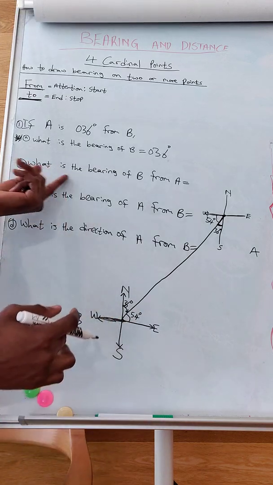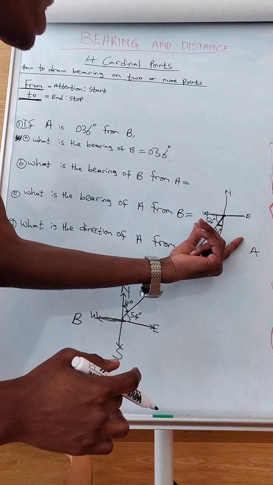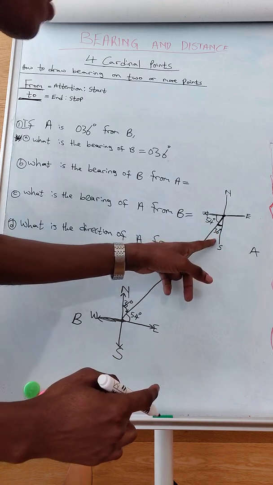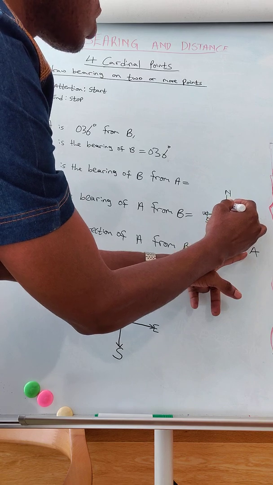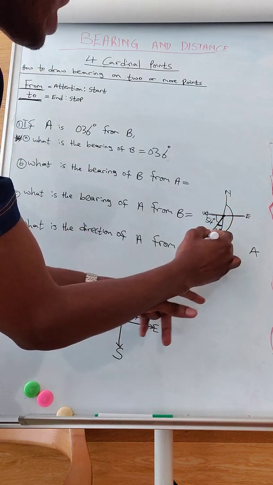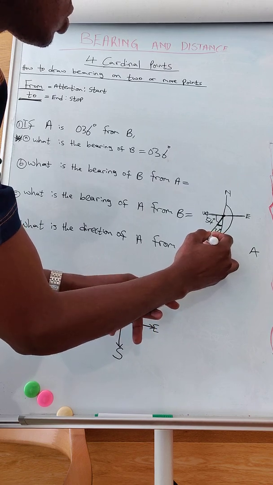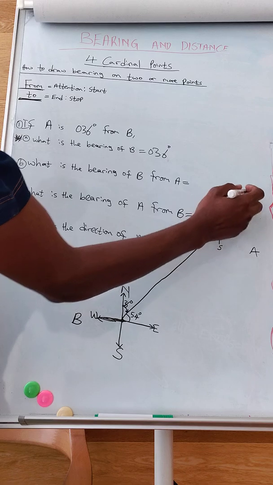Now, the question is, what is the bearing of B from A? So we have to go to A and check. We start from the north until we get to the line that joins the two of them together. So here is 90, 90, 36.